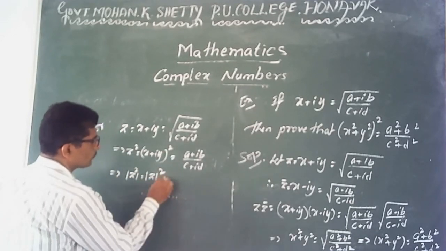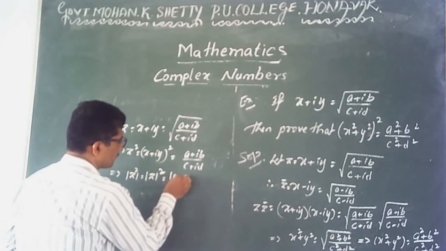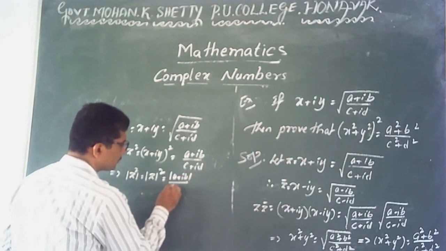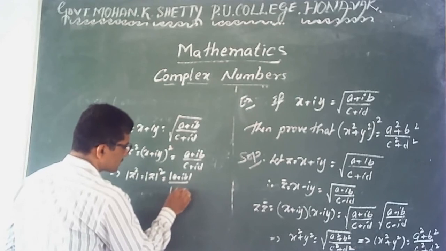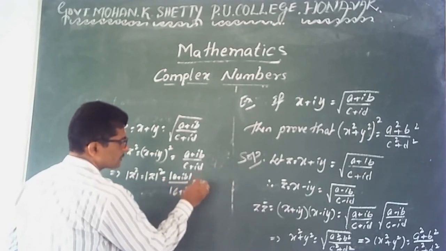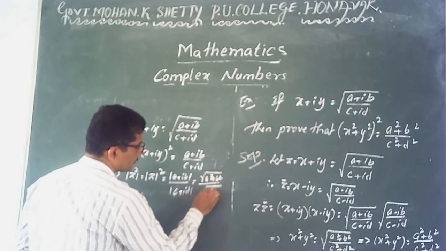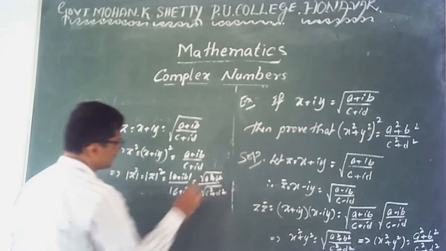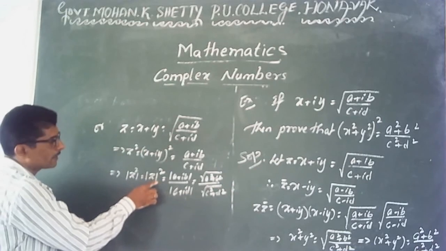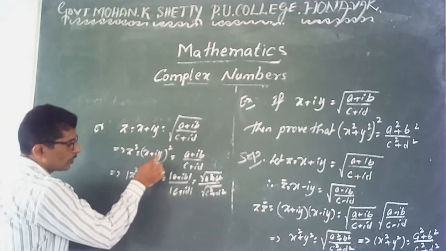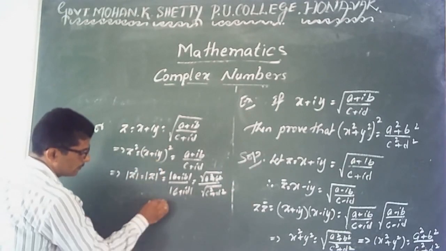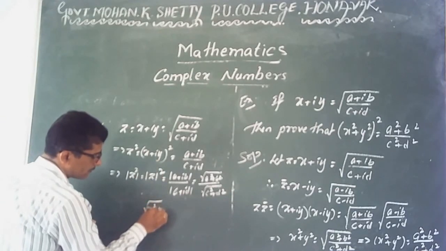Its value is equal to modulus of a plus ib divided by modulus of c plus id. Its value is root of a square plus b square divided by root of c square plus d square. What is mod of z whole square? Mod z means root of x square plus y square, whole square.